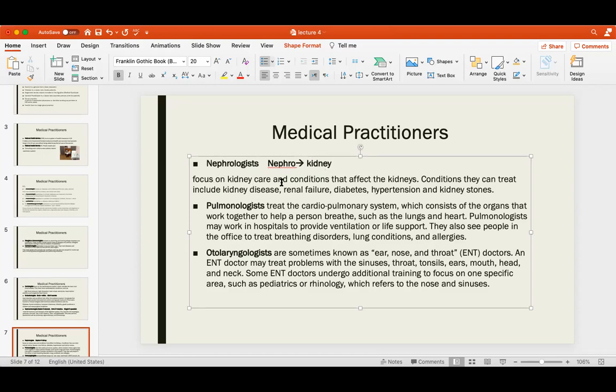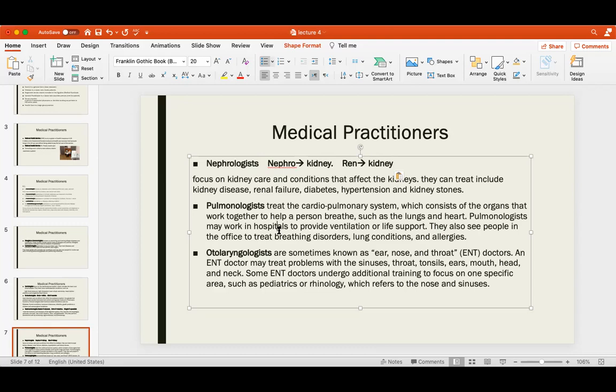They focus on kidney care and conditions that affect the kidneys. Conditions they can treat: kidney disease, renal failure. If you remember, we said that ren also means kidney. Renal failure, diabetes, hypertension, and kidney stones.